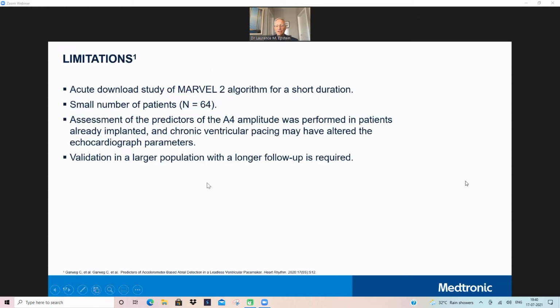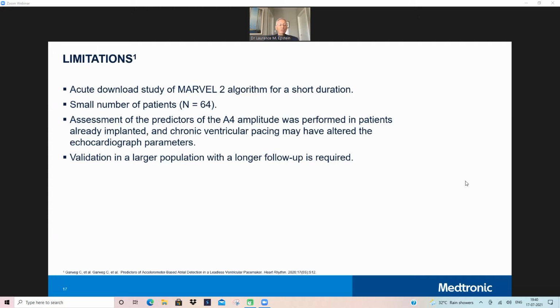Obviously, there were limitations of this study that we had to bear out in the real world once we were putting this in people for the long term. It was an acute download study, so we were looking at people in clinic for 4 to 6 hours. We weren't looking at what happened to people over days, months, and years with this algorithm. It was a small number of patients overall.